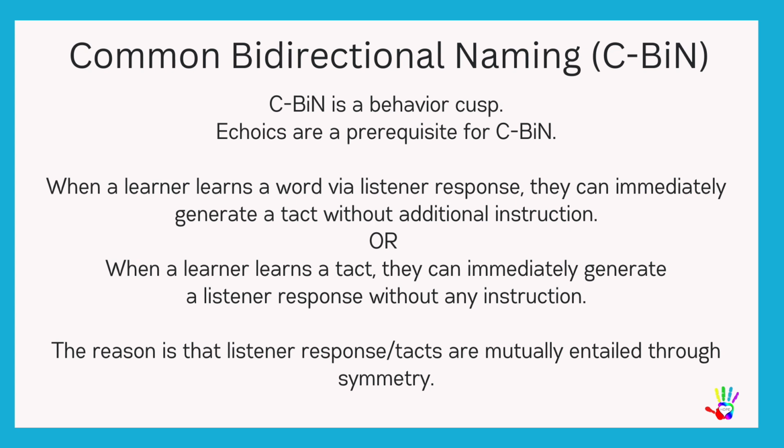Now that we know that it has a prerequisite, let's talk about what it is. It's actually very simple. The idea is that if I teach you the name of an object by listener response training, so for example, I have a gold unicorn on my desk, and let's say you had never seen a horse with a horn on it before, but I taught you when I said, hey, hand me the unicorn, and I pointed to it, and I taught you that this gold unicorn was called a unicorn.